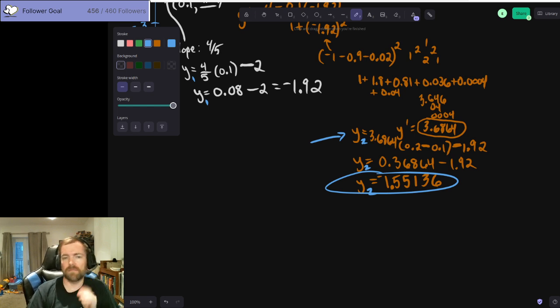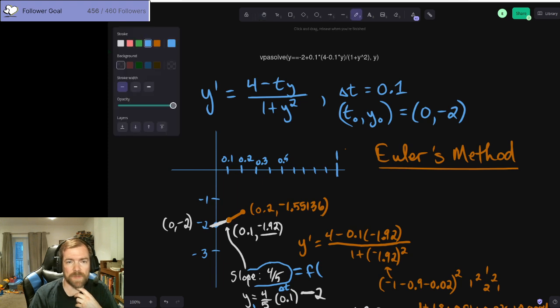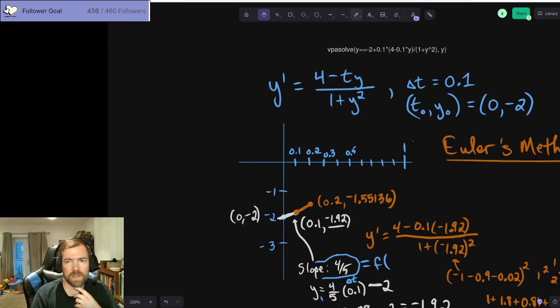How do we get each of these things? Well, 0.1 was our delta t. 4/5 was our slope, which is the same as f if we define our differential equation, as we had in weeks past, as f of t comma y. I forgot to do it this time, sorry.